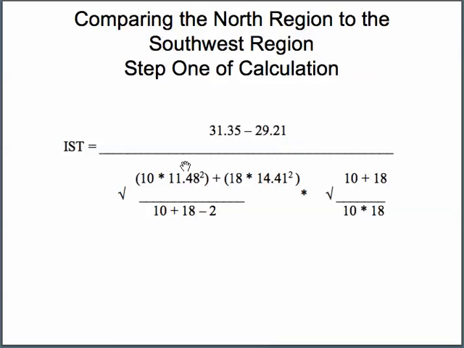The standard deviation for the North is 11.48, and for the Southwest it is 14.41. As a note, the Southwest region's higher standard deviation tells us that there is more variation in the mean teen pregnancy rate in the 18 Southwest County regions in Idaho than there is in the 10 North region counties. Finally, n equals 10 for the North and 18 for the Southwest.